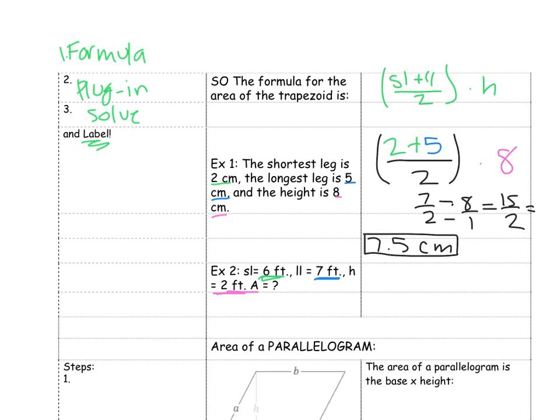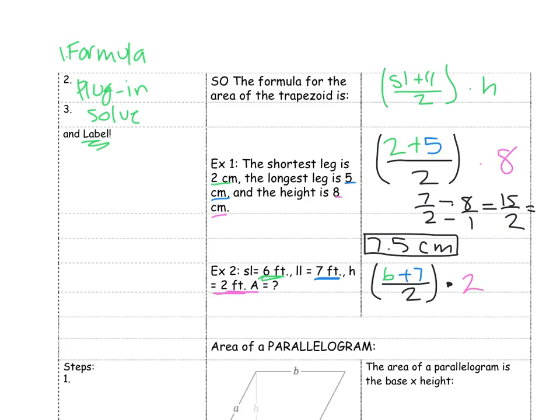So we have the short leg, which is 6. And then we have the long leg, which is 7. And then that's all going over 2. We're multiplying this whole piece. And then the height is 2.